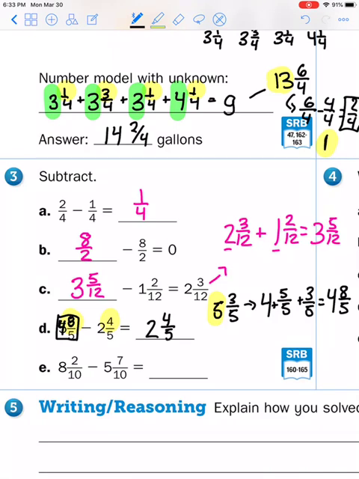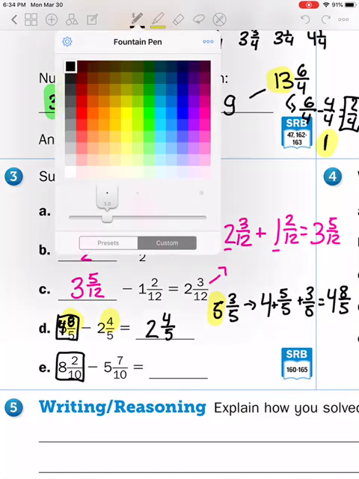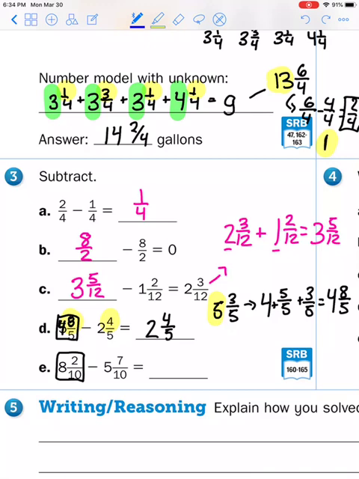We're going to do the same thing for E. I'm going to take this first fraction, so the numerator is now bigger because 2 cannot be divided into 7. So if I take 8 and 2/10, and I take out one whole from this 8, 8 minus 1 is going to give me 7, and I took out that whole, which is 10/10 because my denominator is 10, plus 2/10.